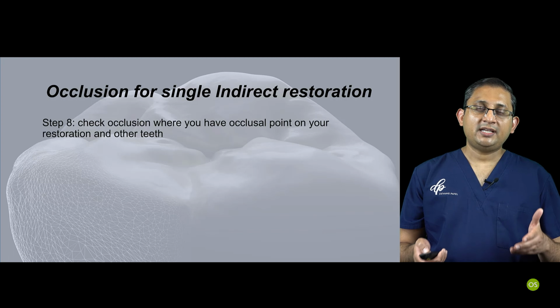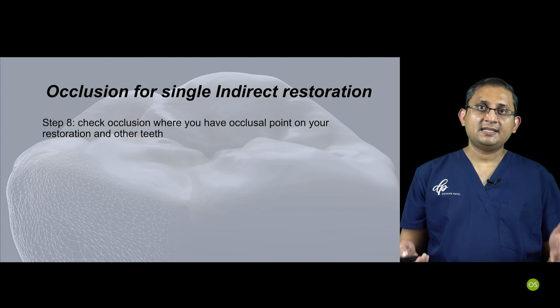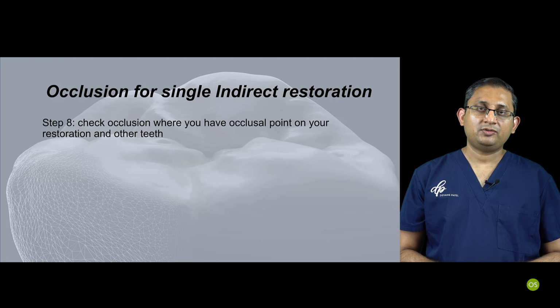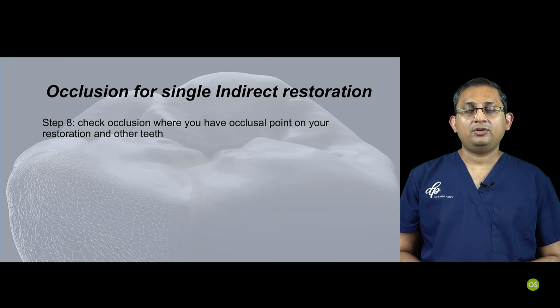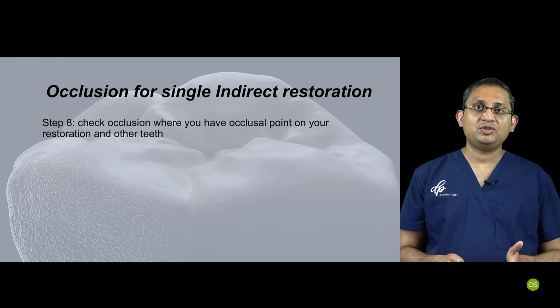Maybe have a lighter contact, but don't have them out of contact. When you're checking the contact, make sure that either side of the teeth are contacting and your restoration is also contacting. Once you've done that static contact, then check the lateral excursion. And if you have developed a guidance which you've done planning, you need to then reduce the guidance. And you can use the technique we use while doing clinical examination.